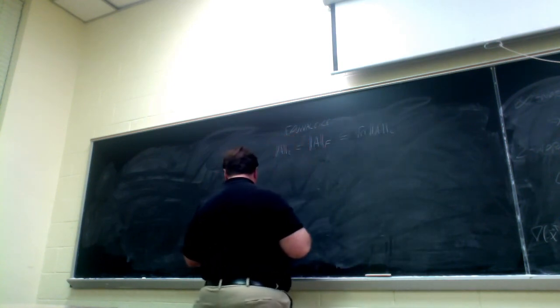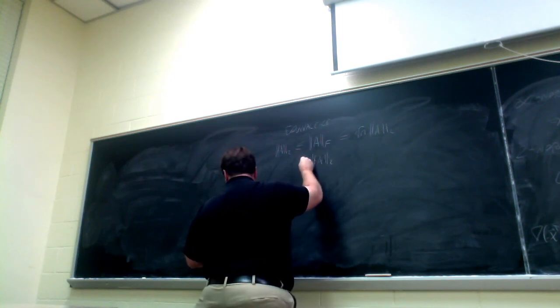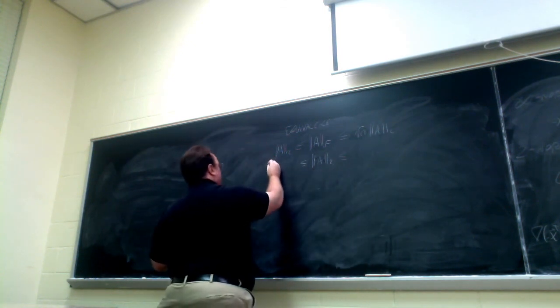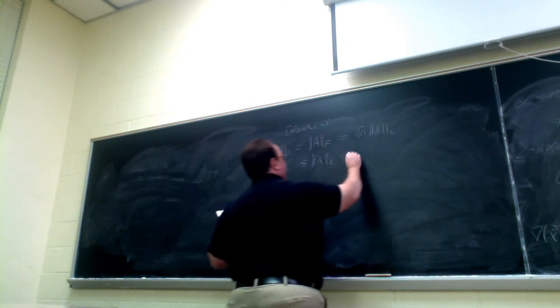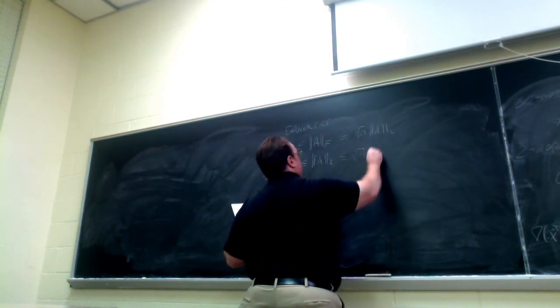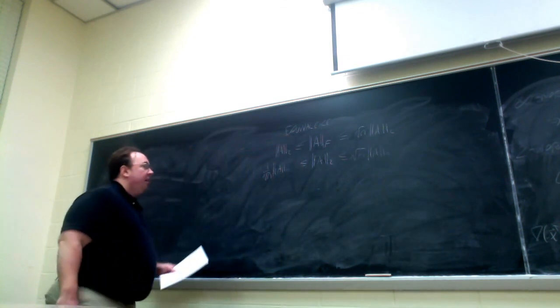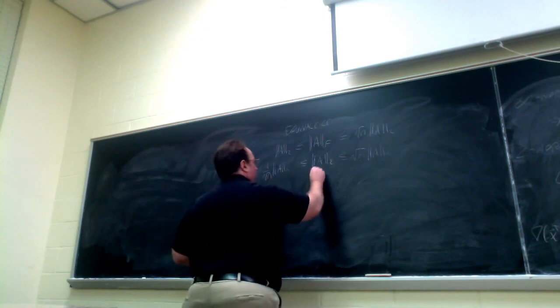Okay, the 2 norm compared to the infinity norm, the relationship's a little more complicated because I'm dealing with matrices. So it's greater than or equal to 1 over square root of n times the infinity norm, and less than or equal to square root of m times the infinity norm.